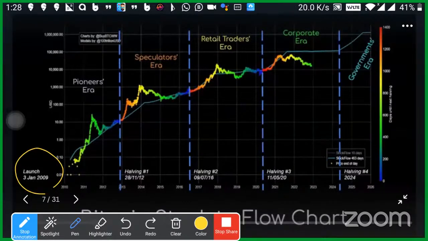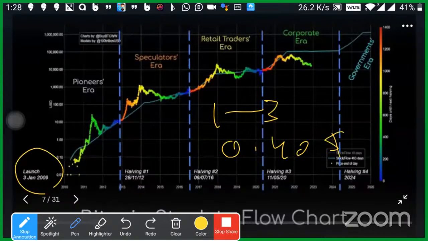So it started from here, and you will be surprised to know that in the first 3 years of Bitcoin, its price was not even $1. It was below $1, maybe around $0.4, for the first 3 years, because nobody understood what this was.